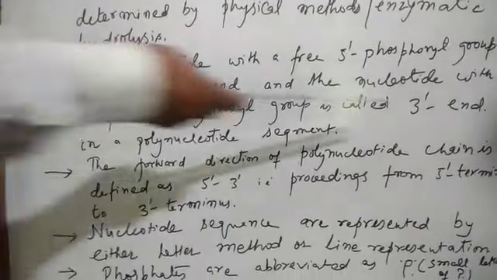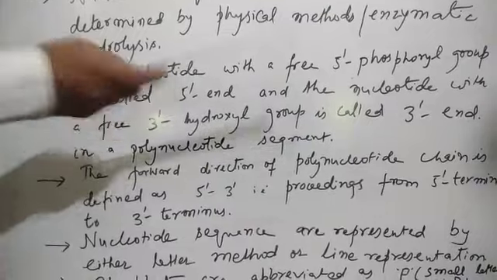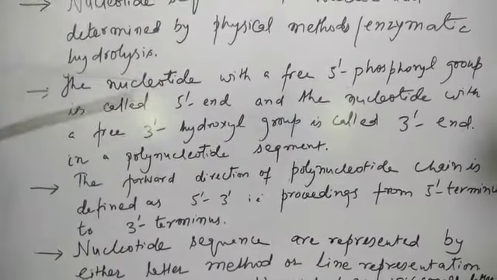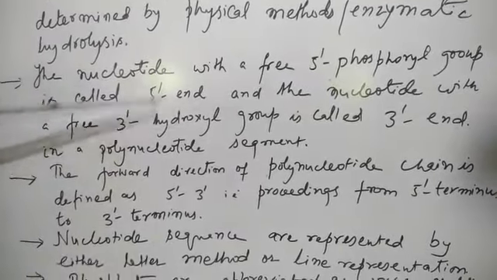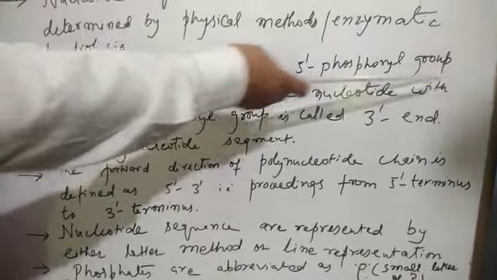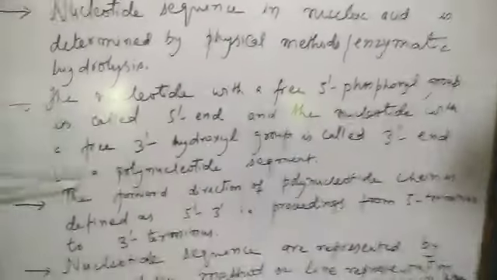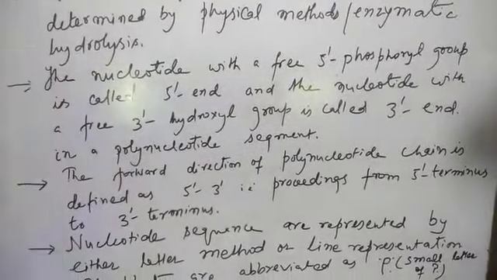The next end you call the 3' end. Why? At the 3' end you have a free hydroxyl group. So a nucleic acid strand has two ends: one is the 5' end, because it has a 5' phosphoryl group, and the next one is the 3' end, because it has a free hydroxyl group at 3'.